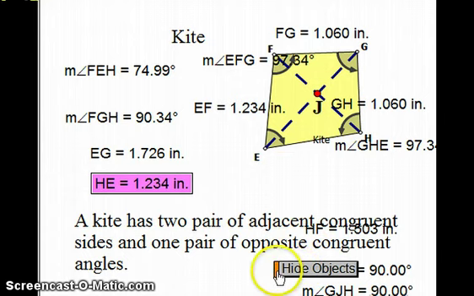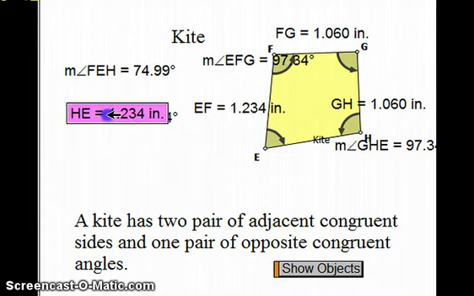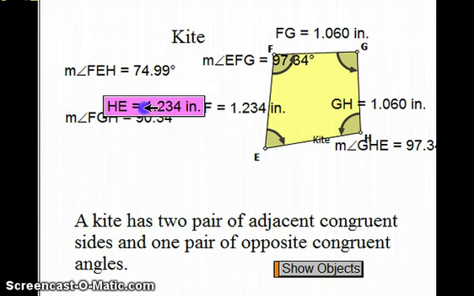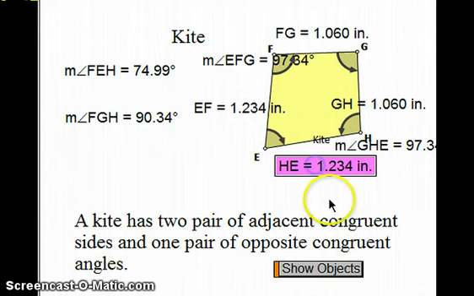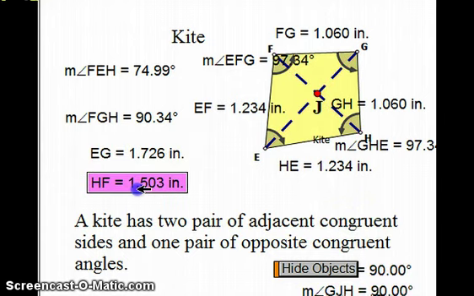Uh-oh, hold on a second, that's not right either. Sorry, I pulled the wrong length. The other diagonal is HF.